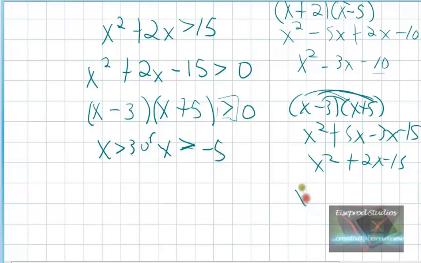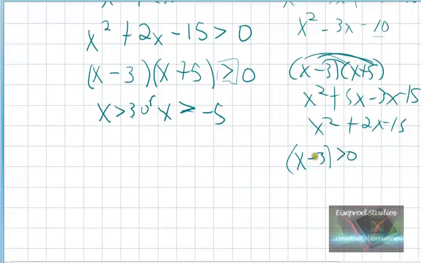That happens because if we were to add 3 to both sides, we'd have x is greater than positive 3. So that's where that came from, and you can do the same thing for the other one. So we have x is greater than 3, and x is greater than negative 5. So what happens is x is going to be, let me see here.